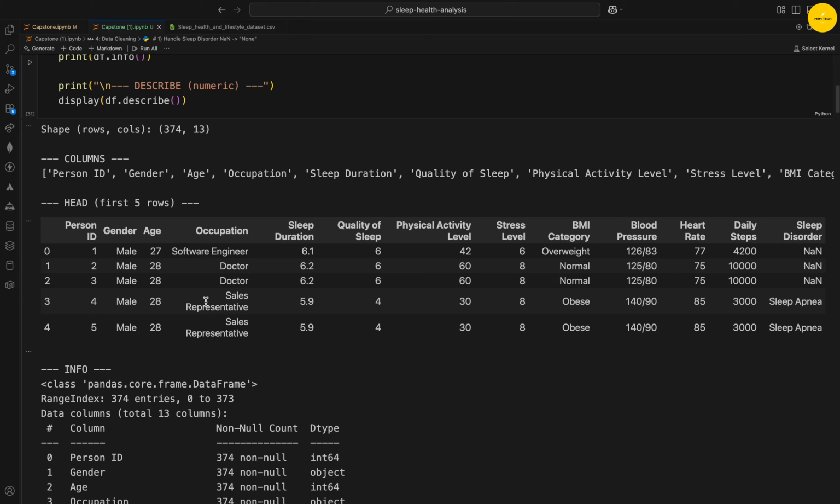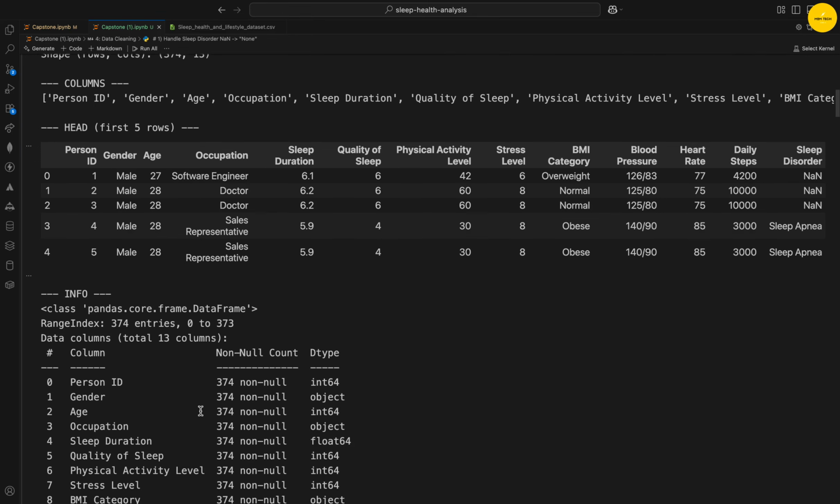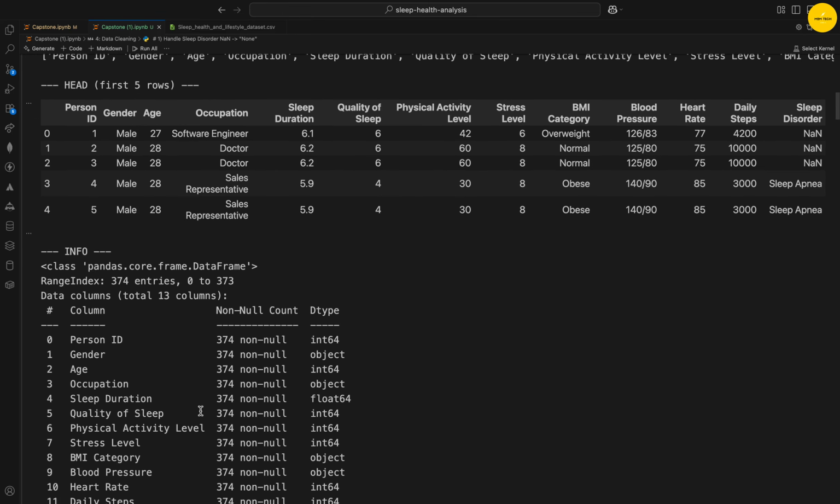The df.head function was really helpful as it revealed to me that the sleep disorder column has some NaN values for those people who have no sleep disorder. And the df.info output was also helpful because it shows me the various data types of my columns.